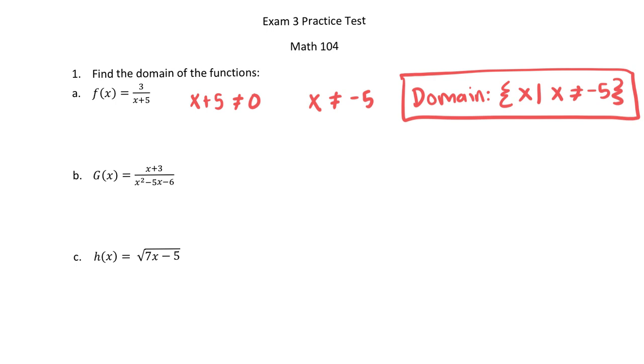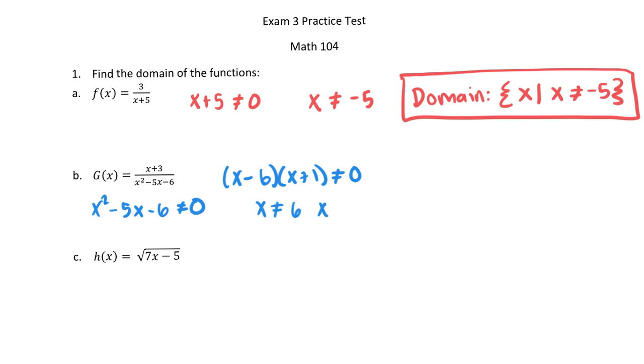On question B, we have the same idea. X squared minus 5x minus 6 cannot equal 0. But I'm going to have to factor this. So we're going to go minus 6 and plus 1. That can't be 0. So we have that x cannot equal 6 and negative 1.